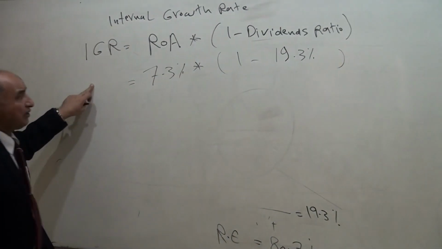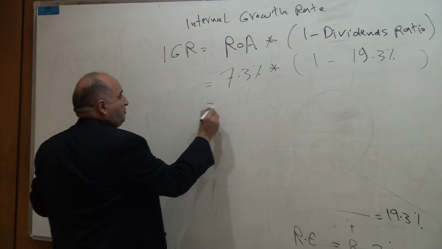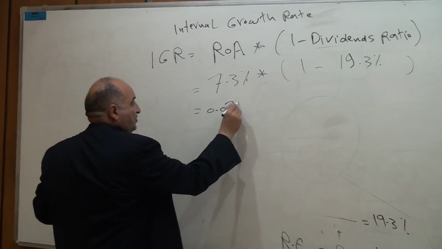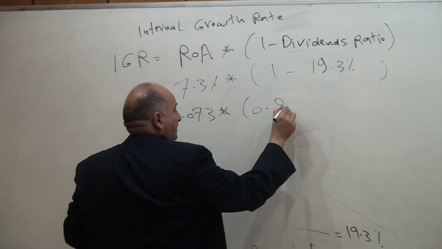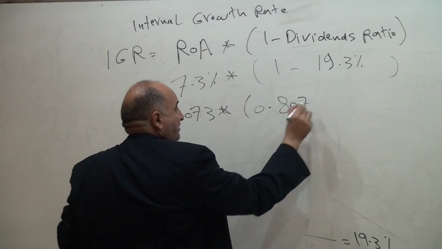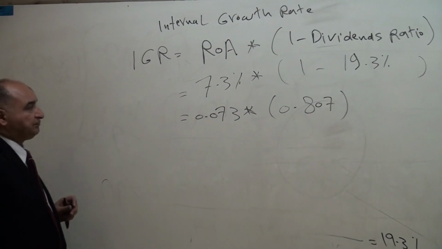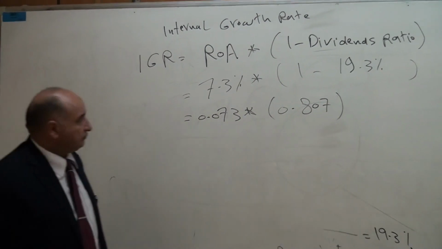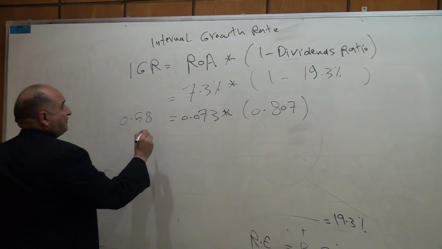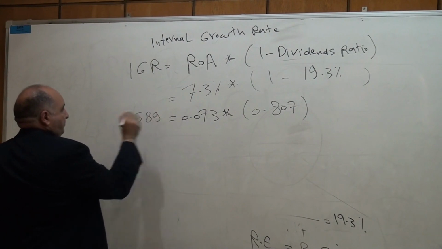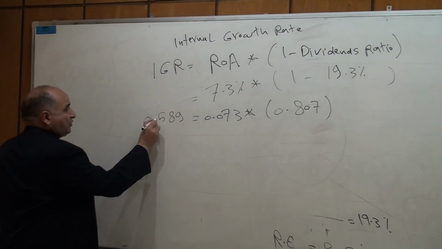So the internal growth rate will be 0.073 multiplied by 0.807, which equals 0.0589, 5.89%. Okay. Approximately 0.05.